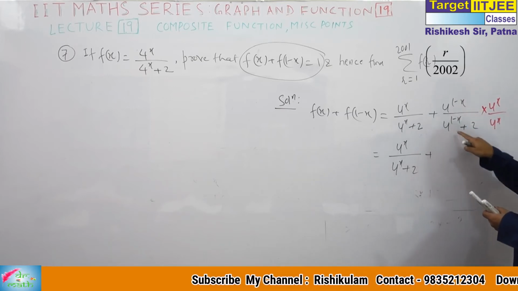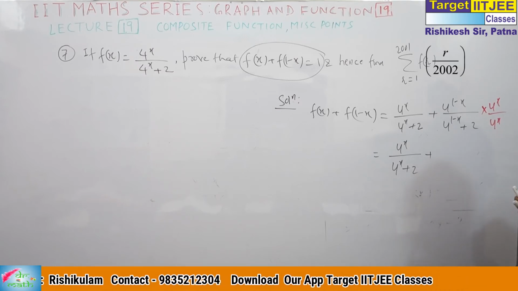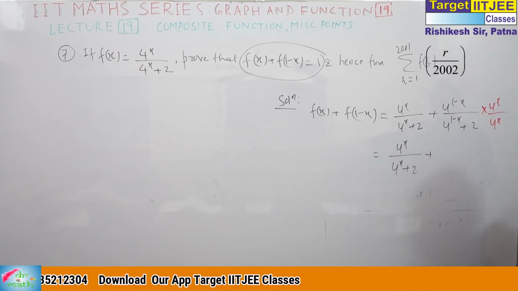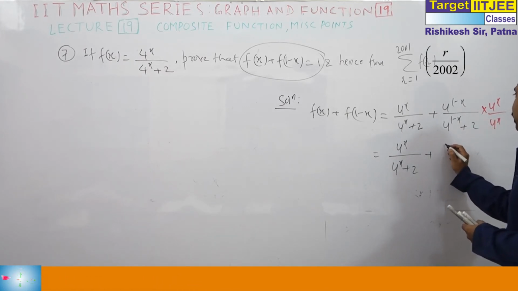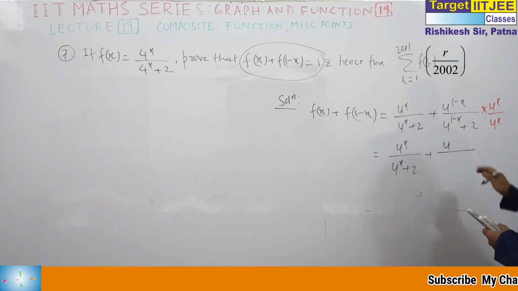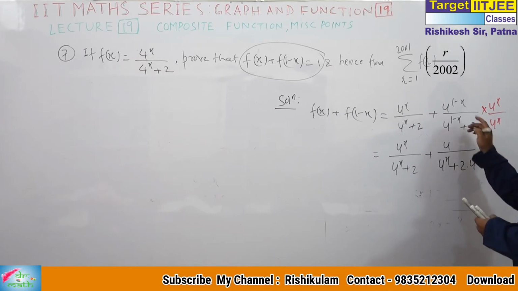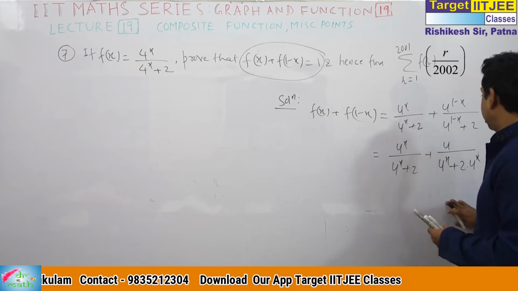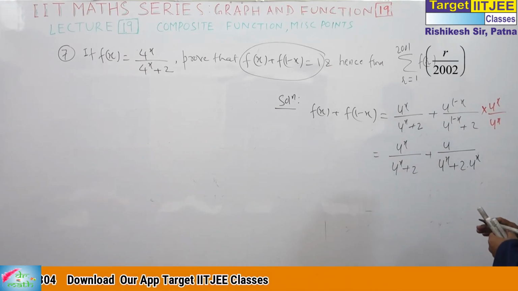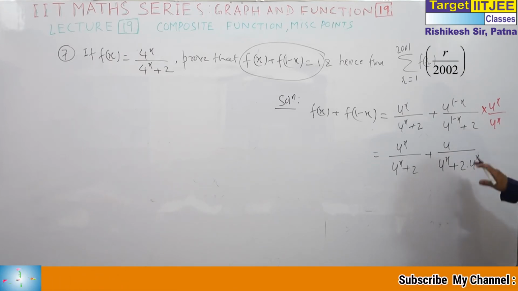You may write 4 by 4 to the power x, but what I do is multiply by 4 to the power x. It will work. You can create a denominator, but I am multiplying this. So what we get?